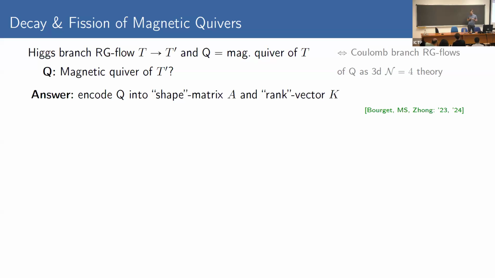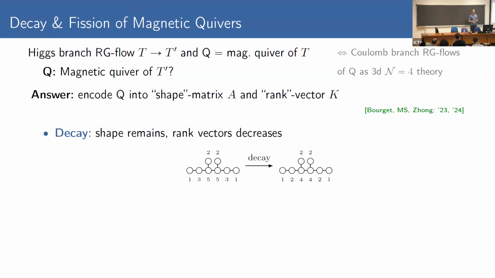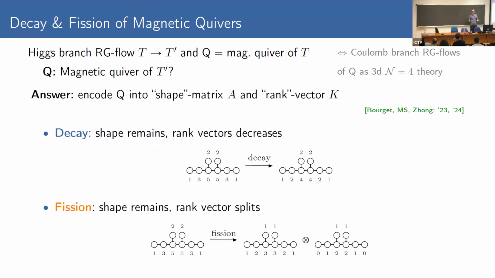And then we found, or proposed, that the 2 elementary Coulomb branch Higgsings that can happen in this class of theories that we're looking at is decay. That means the shape remains and the rank vector decreases in a way that the result is still a good theory. And the second one that can happen is fission. That means the shape remains again, but the rank vector now splits in a way that the resulting theories are good. Right? Whatever I mean by good, but just a well-defined theory.